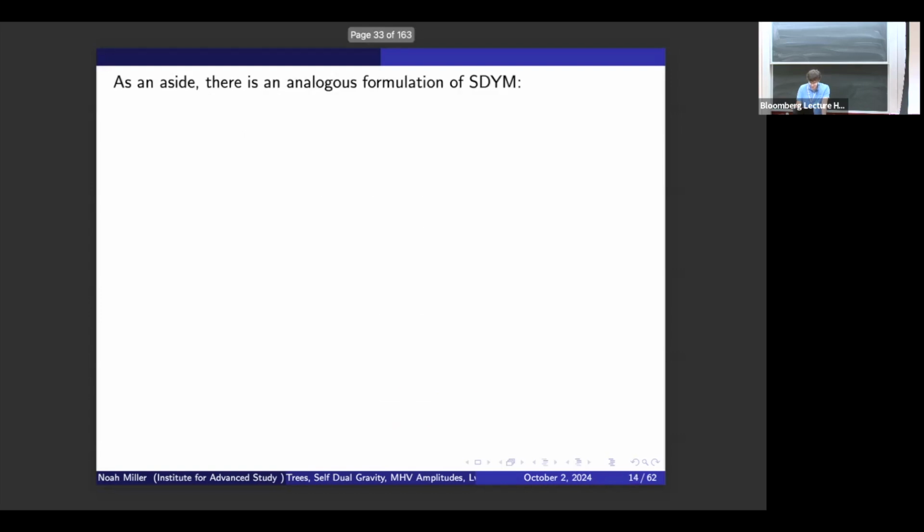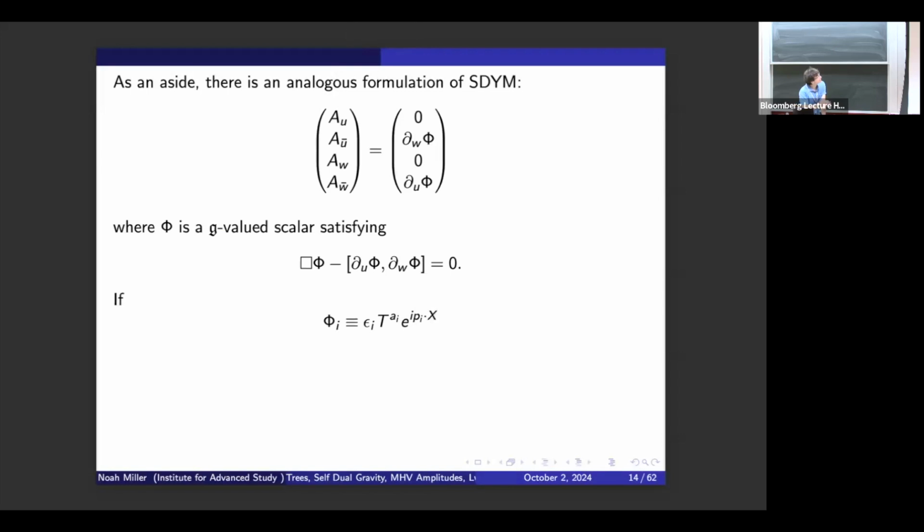Now, as an aside, there's also an analogous formulation of self-dual Yang-Mills. If you take the connection in these light cone coordinates, you can always write it using derivatives of a g-valued scalar capital Phi satisfying a very analogous equation of motion.